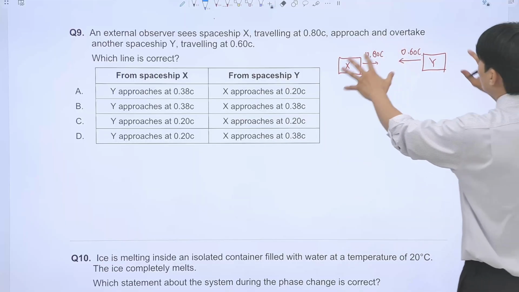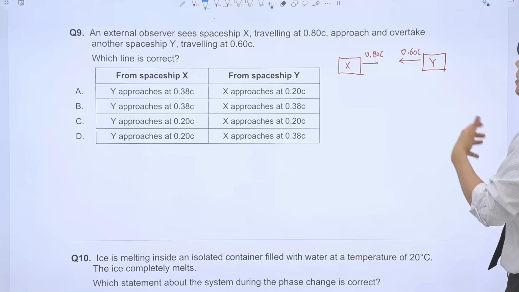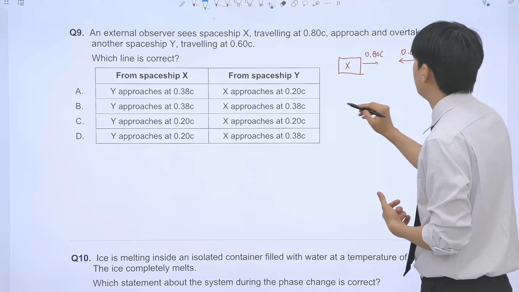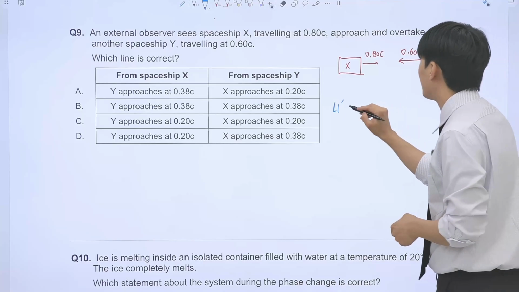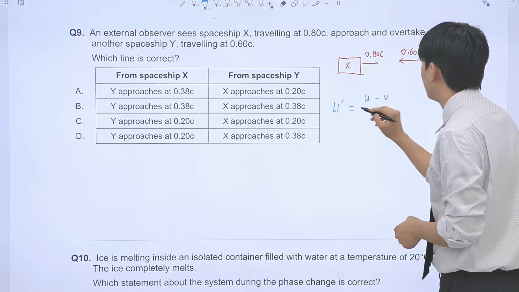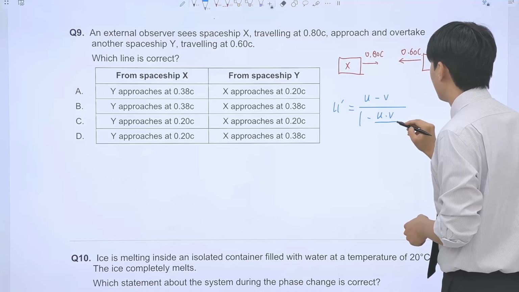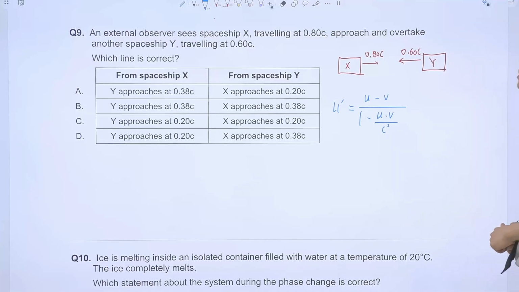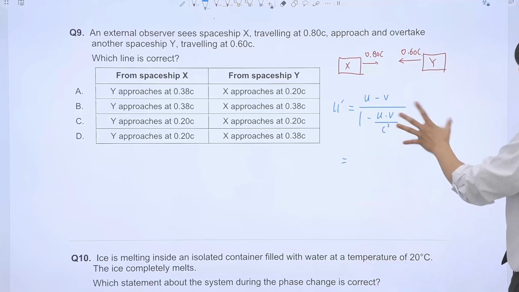So when you have two different things in two different frames, and you try to measure the speed, you should use the Lorentz transformation for the speed part. So u prime equals u minus v over 1 minus u times v over c squared, right? The next thing is you just substitute the numbers.